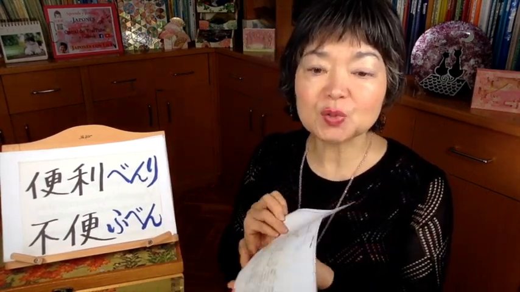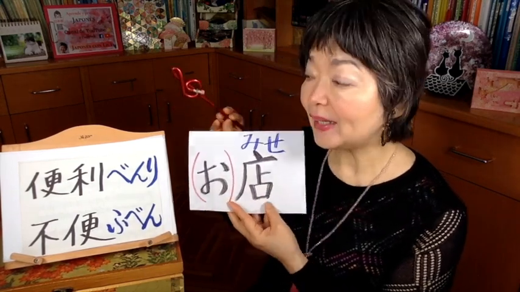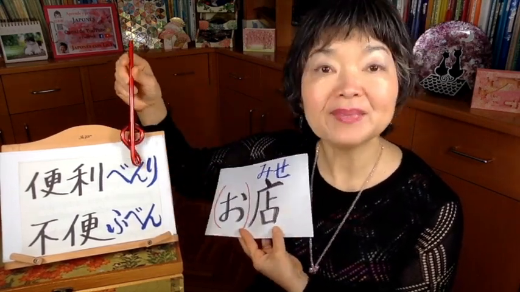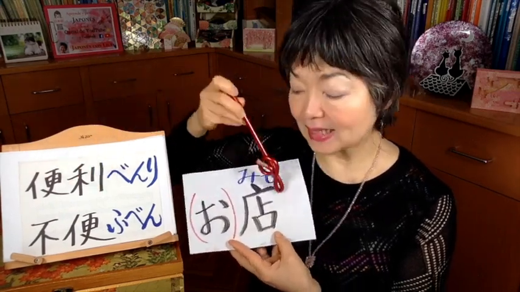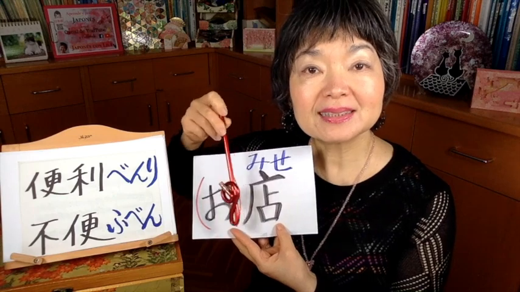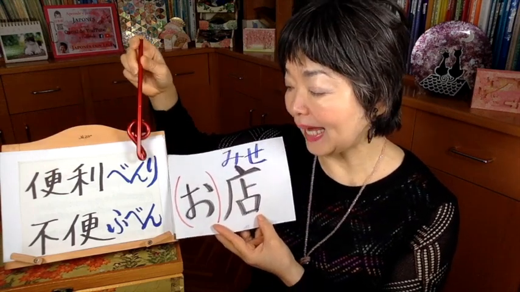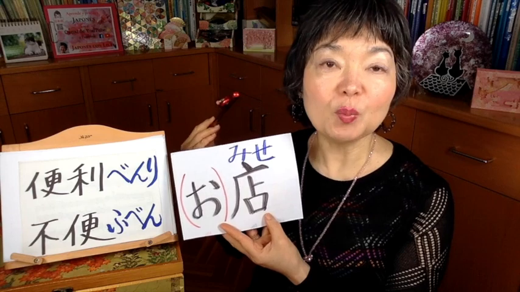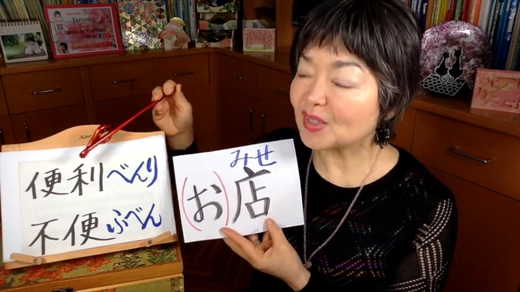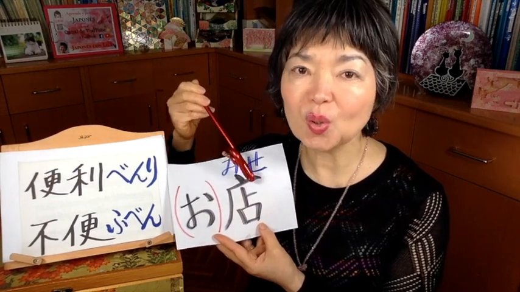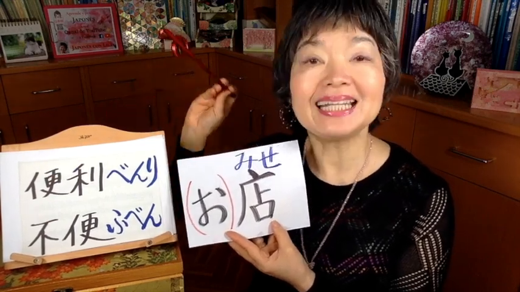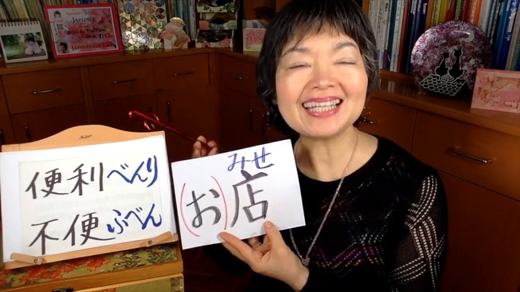Or I can use it with a noun. コンビニは便利な店です. We need な because this is な形容詞 when we want to modify a noun. コンビニ is a convenient store.